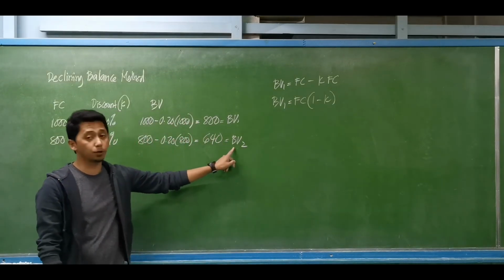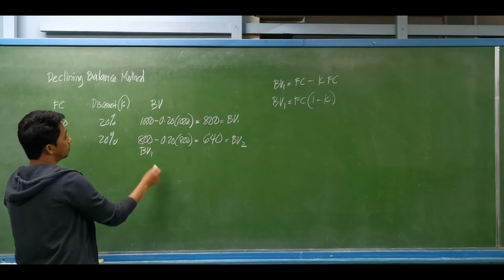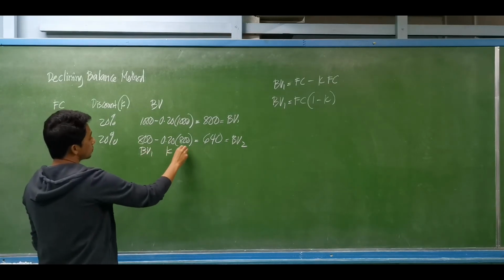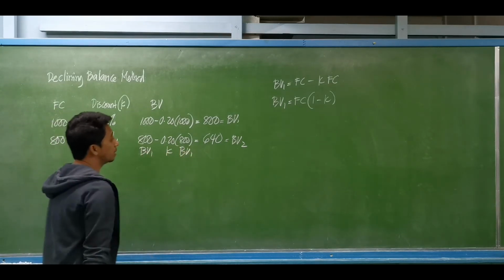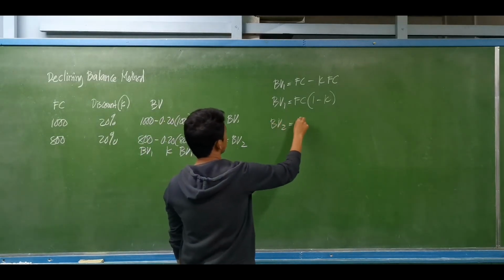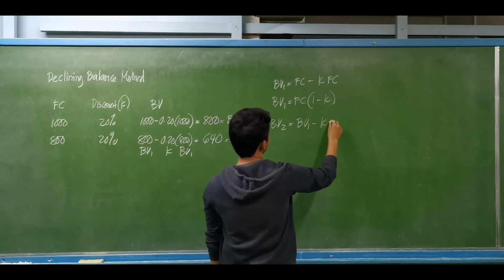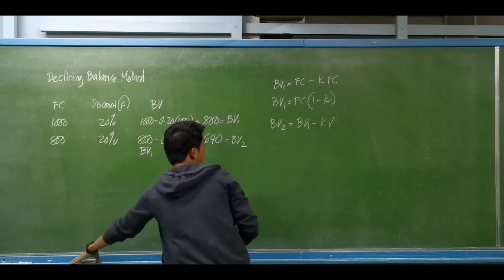How did you compute book value number 2? Take note, this 800 is book value 1. Book value number 2 is equal to book value number 1 minus the rate of depreciation times book value number 1.